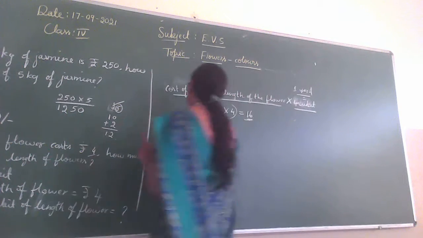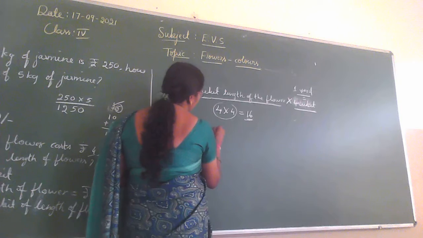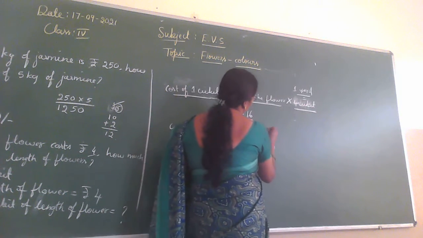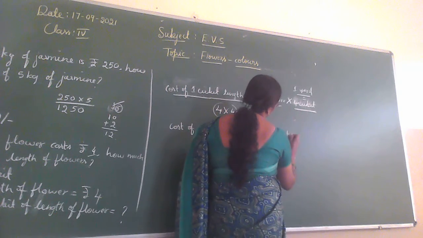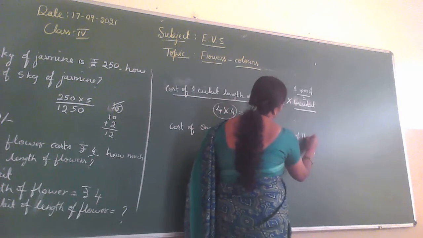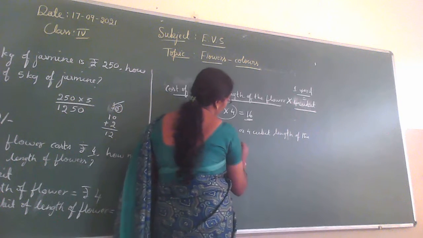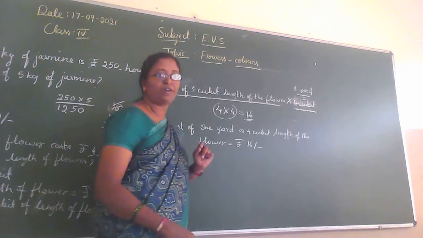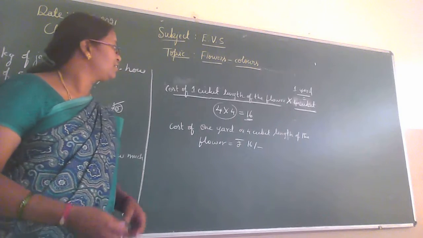So that is the cost of 1 yard or 4 cubit length of the flower, which is equal to 16 rupees. Okay, children, next we will move to the next one.